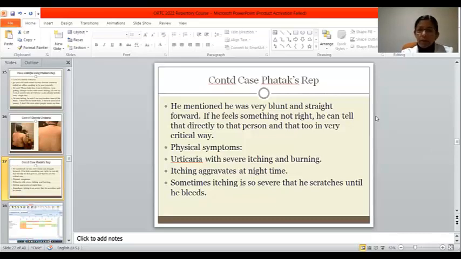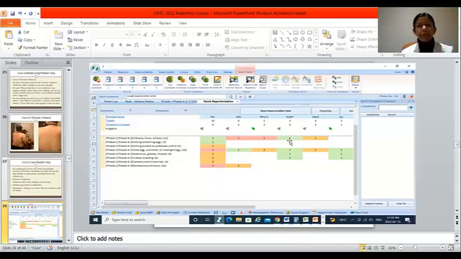Even when he was a little kid, when I explored the history, he said he could go to the teacher and tell that this was not right, in a very bossy way, or he had even gone on physical terms with a teacher during the school days. So this was his mentals.